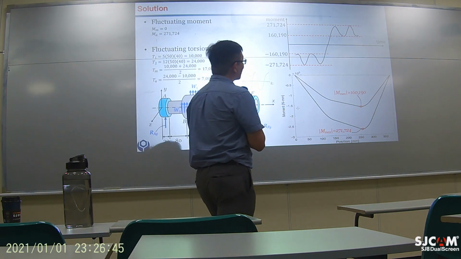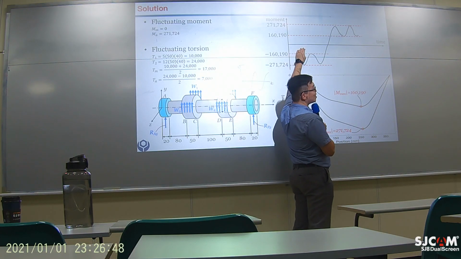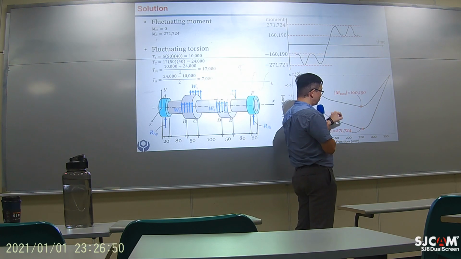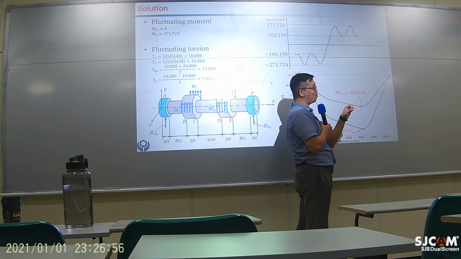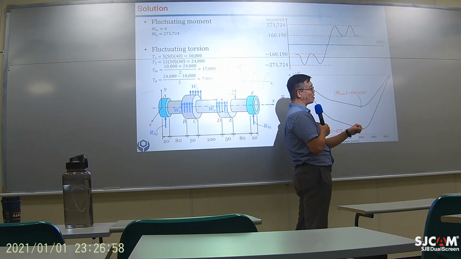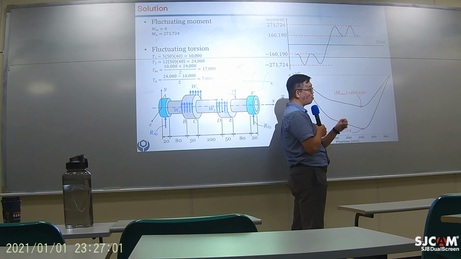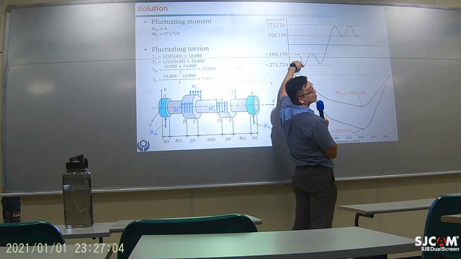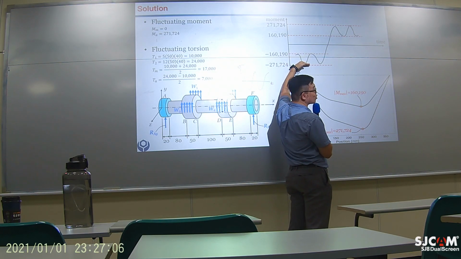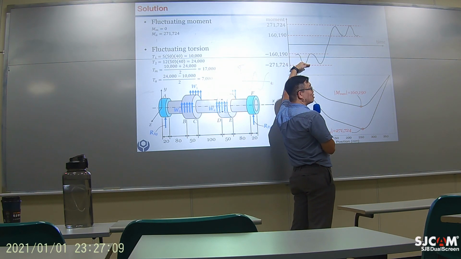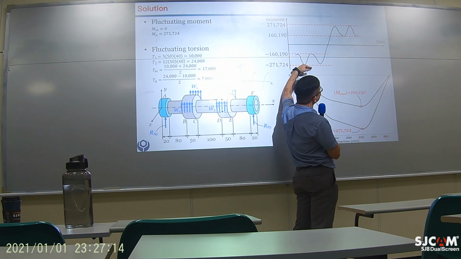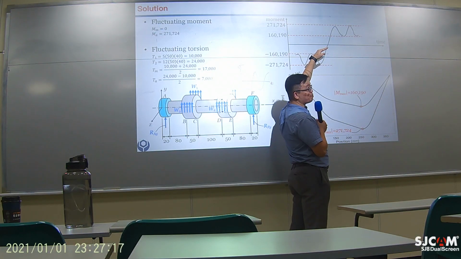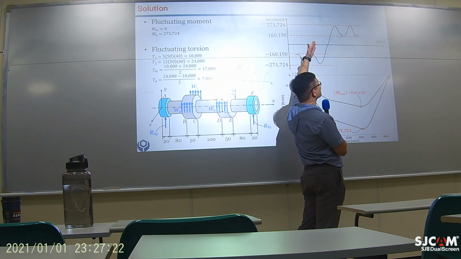At some point, that particular point will be moved to the bottom, and when the point is at the bottom, it's experiencing the largest bending moment. So sometimes the moment goes to the most negative value. And in other cases, it will be right at the top, the most positive value.